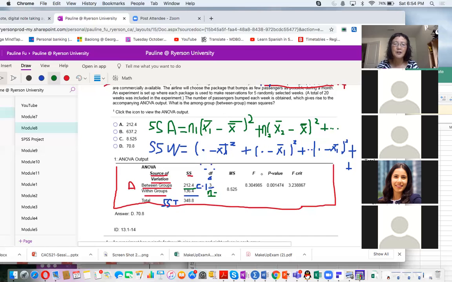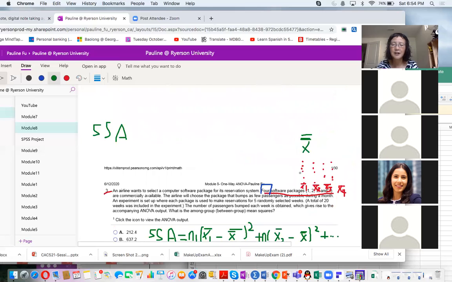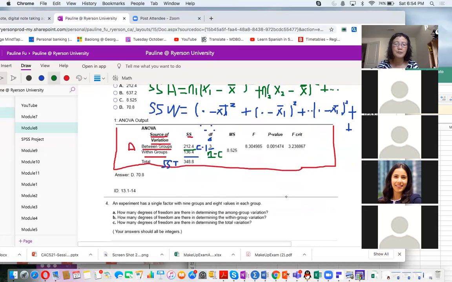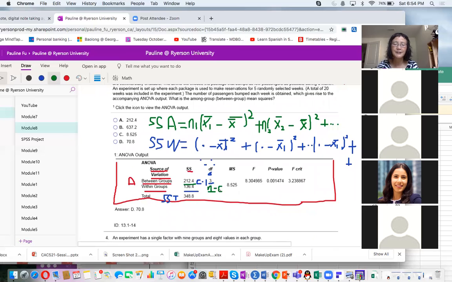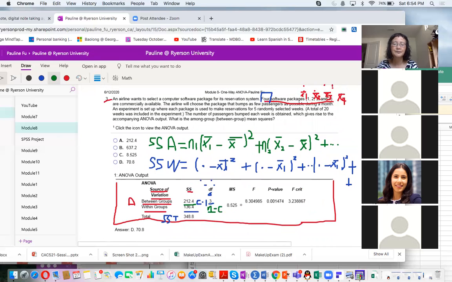So you count how many samples here, you count how many sample size total, then minus 4. That is the degree of freedom within group n minus C. C represent number of groups, n represent total number size. Okay.